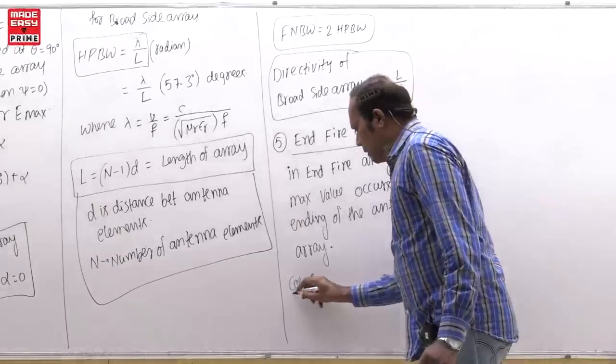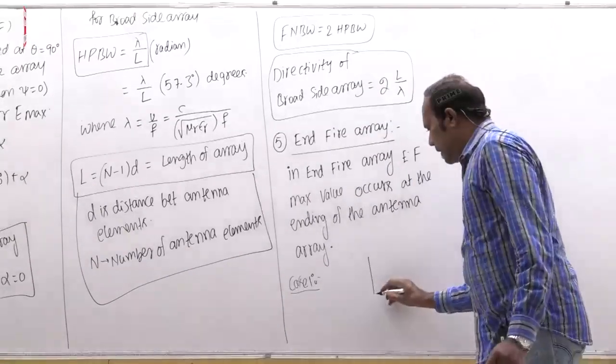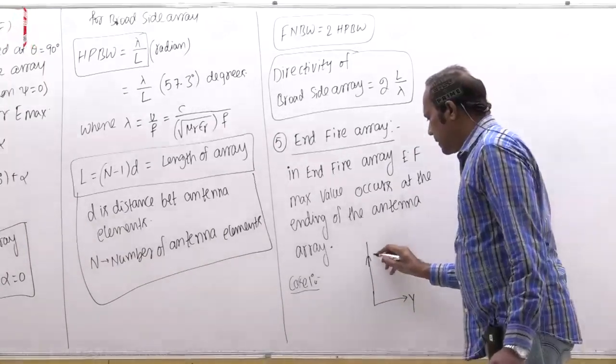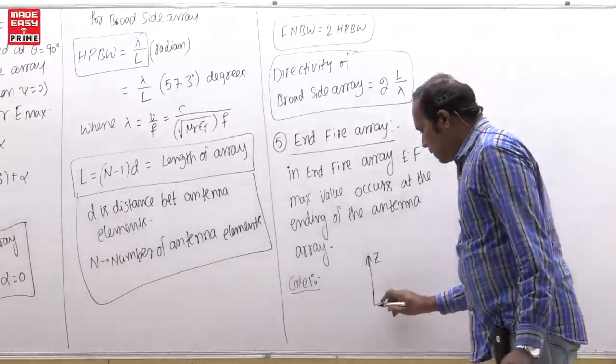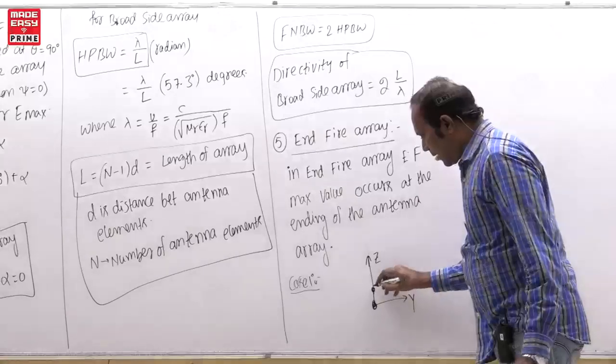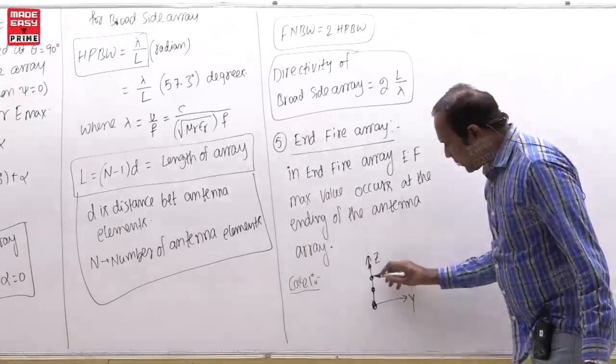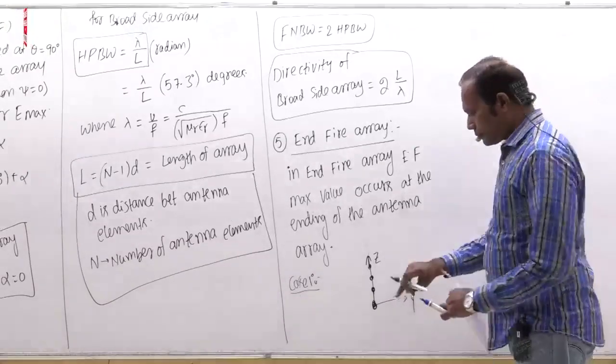Now case 1, student. Actually, if this is the antenna array axis, this is Z axis, na? So now this is first antenna, second antenna, third antenna, fourth antenna. This is one end, this is other end actually.